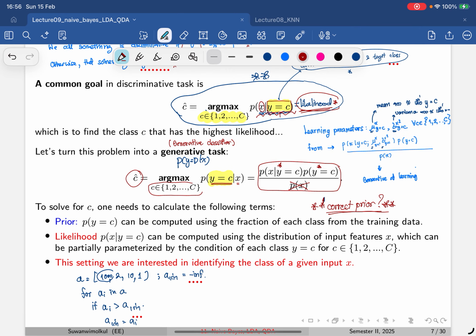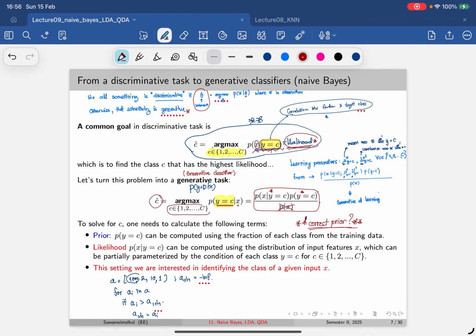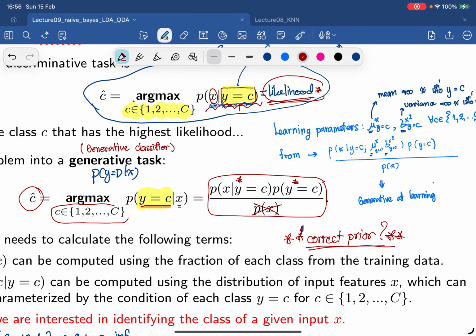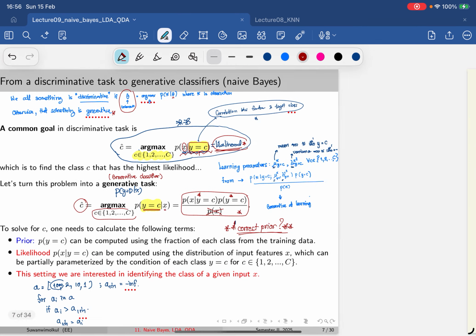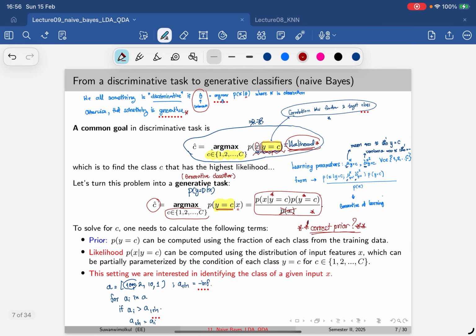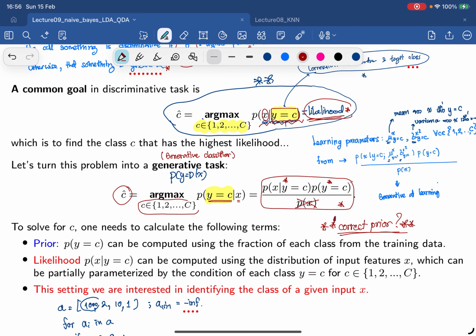We will now turn to the core idea of doing classification based on this probability.